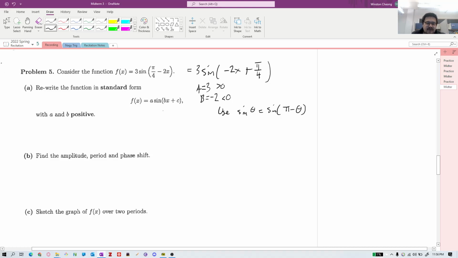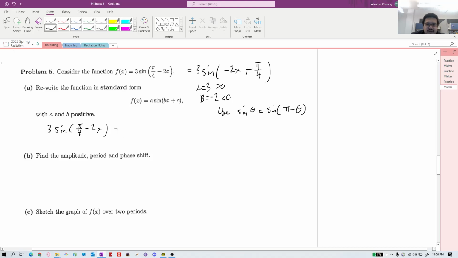We use this to convert the given trig function into standard form. So now let's go ahead and try this out. I'm going to copy down the original function first, and now let's apply it.